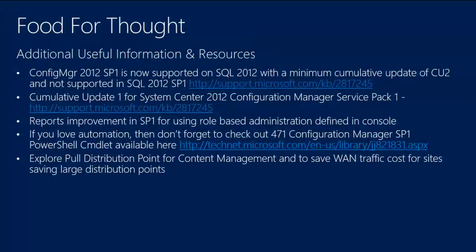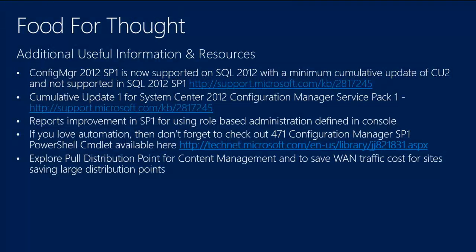Say you have a primary site that has multiple distribution points, you could set up pull DP so that when content replication happens, not all DPs are trying to communicate with the primary site at the same point in time. It'll be like a peer process, where you could set up chains where it goes to one DP and then the next DP pulls the data content from the peer DP. So that's something we recommend folks evaluate. It's another great feature.